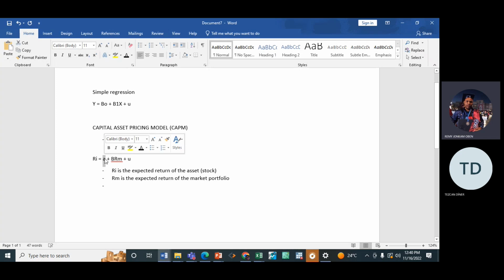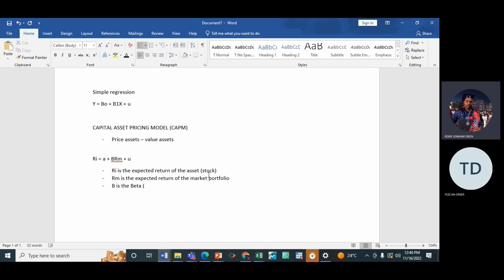Let's first of all see this B. Of course, we know B is the slope coefficient, right? But in the CAPM, it has a name. B is the beta. What's beta? Equal to 1? I'll get there. But what is beta? What does beta mean?